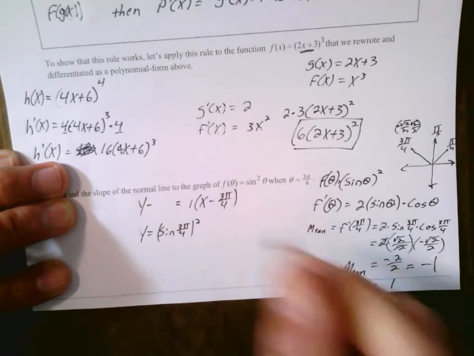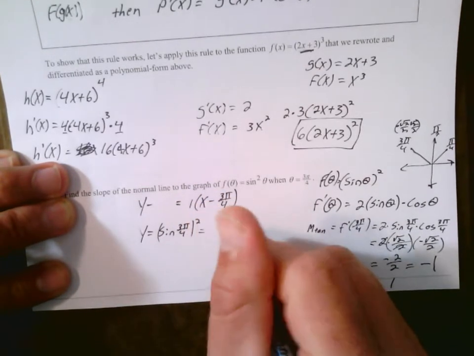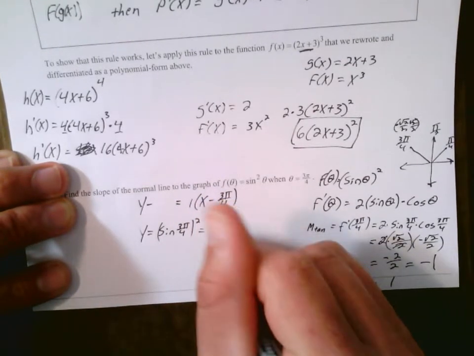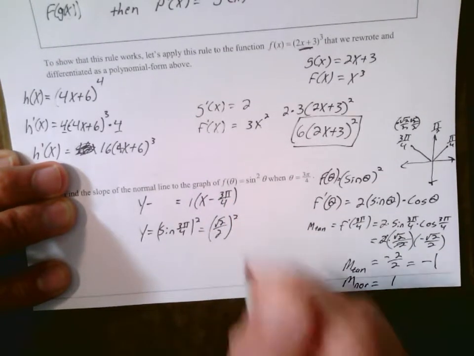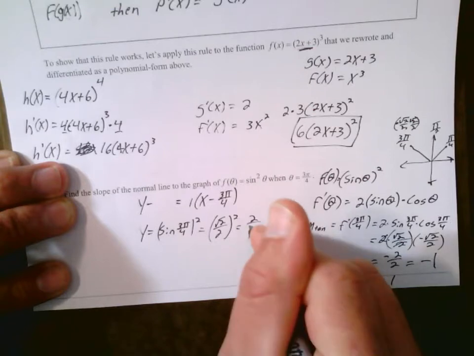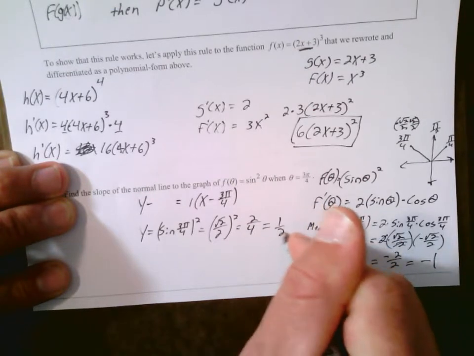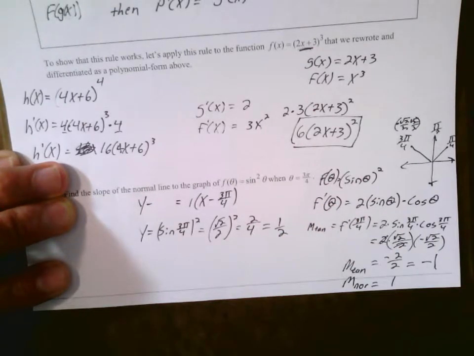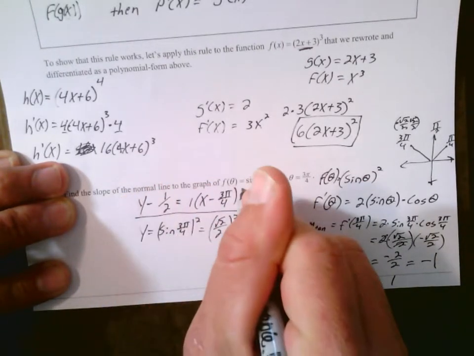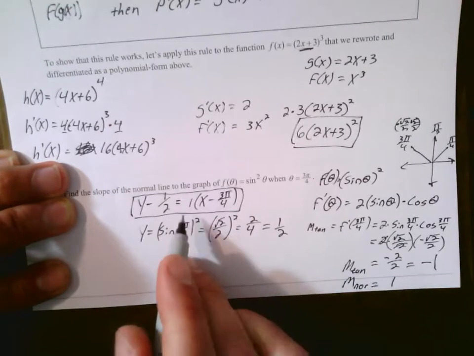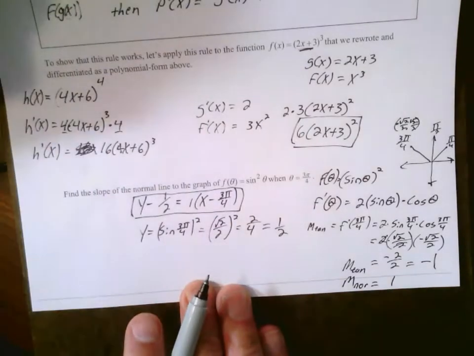And we already found that sine 3 pi over 4 was square root of 2 over 2. How do you square a fraction? You square the top and square the bottom and simplify. So my equation of my line is y minus 1/2 equals 1 times x minus 3 pi over 4.